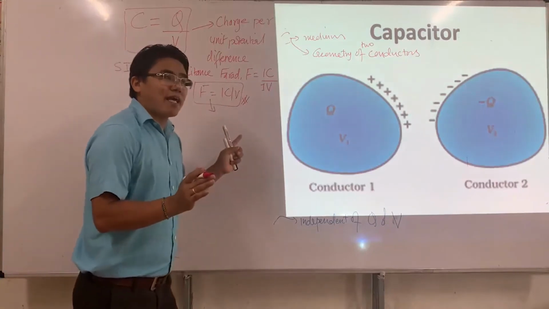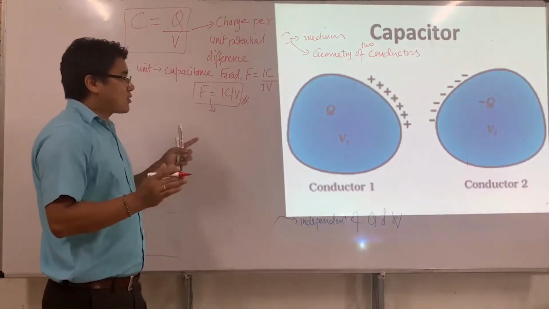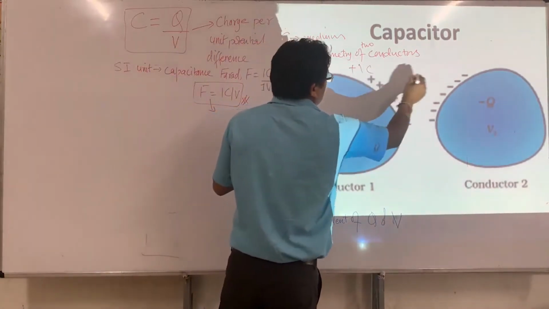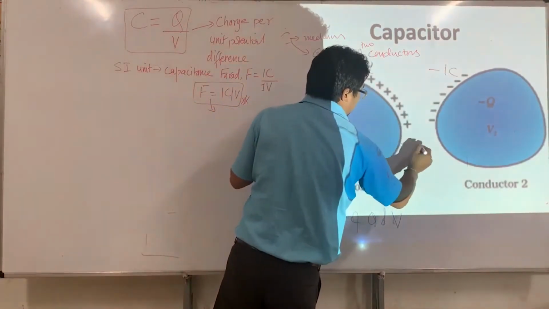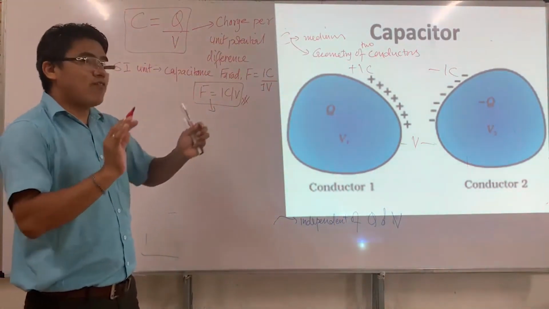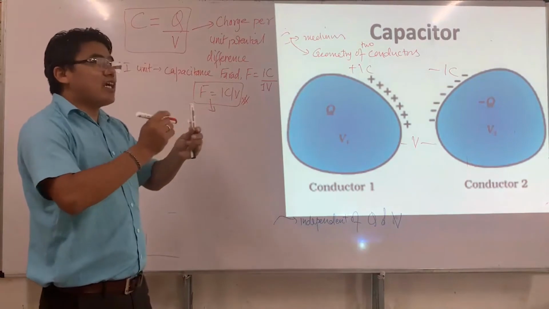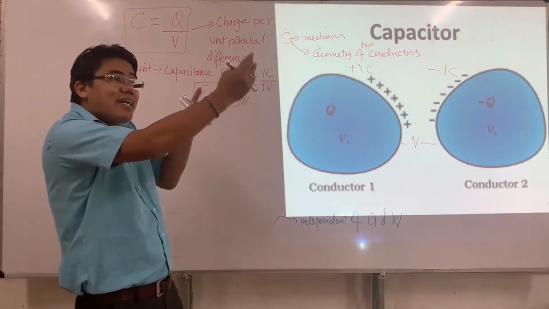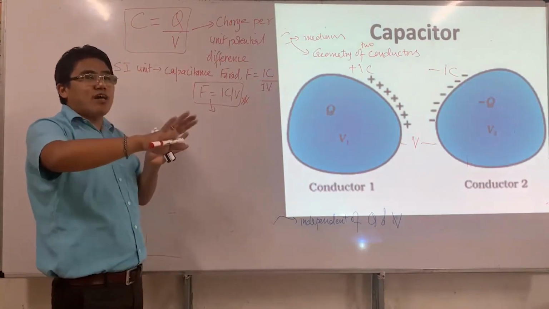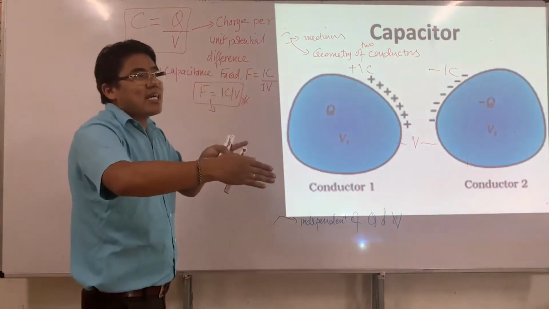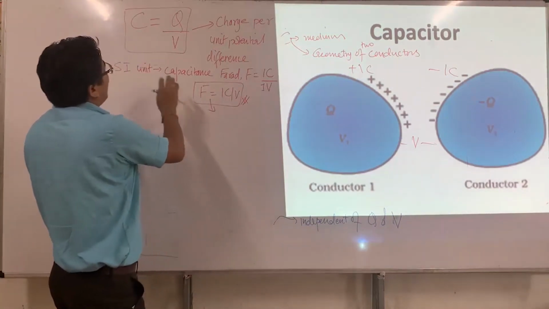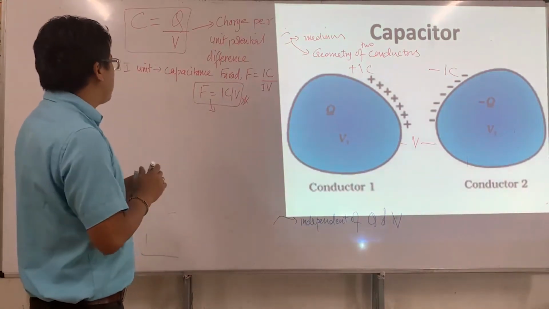Let's say this is 1 coulomb, positive, and this potential difference is 1 volt; that is what we define as 1 farad. This is a very, very big unit.